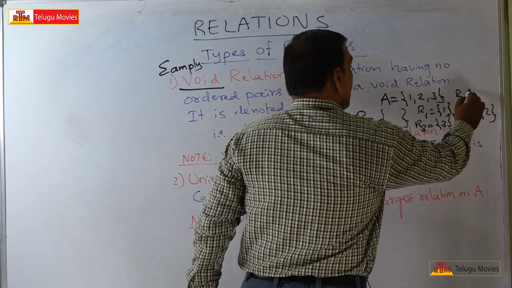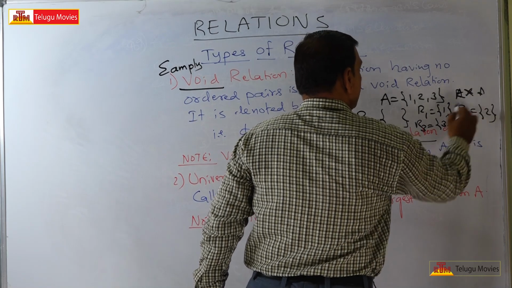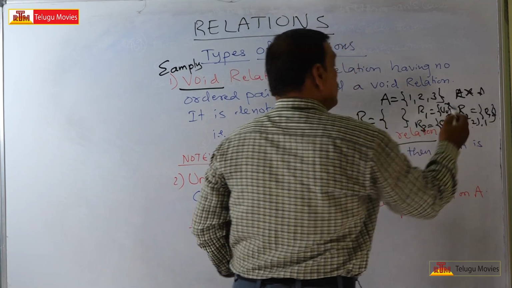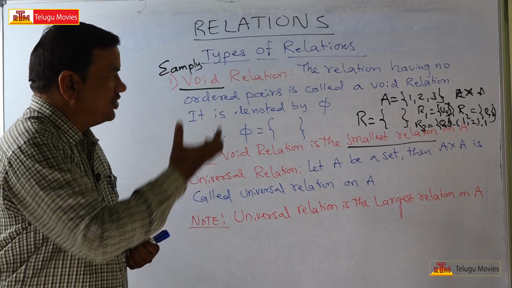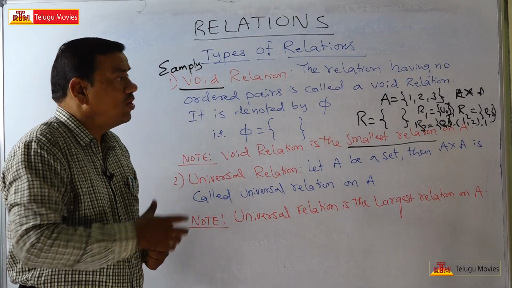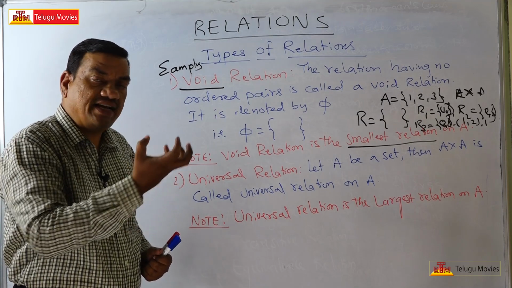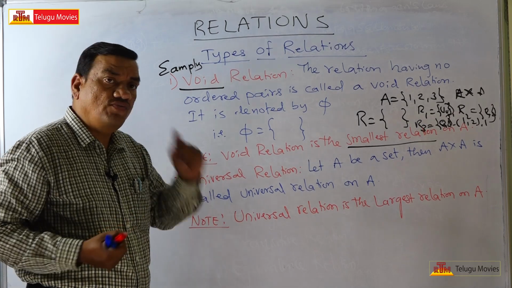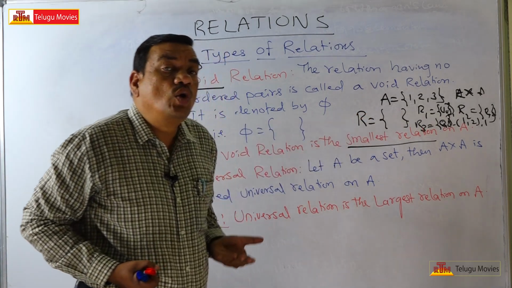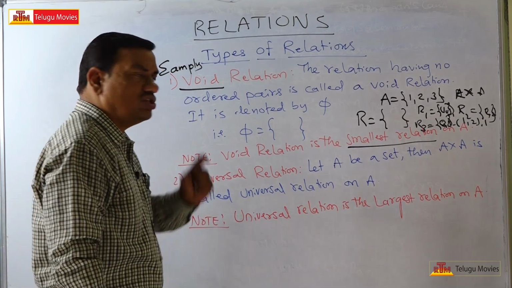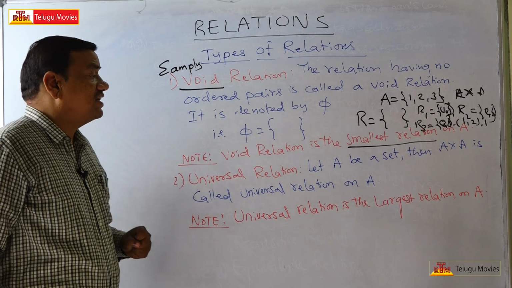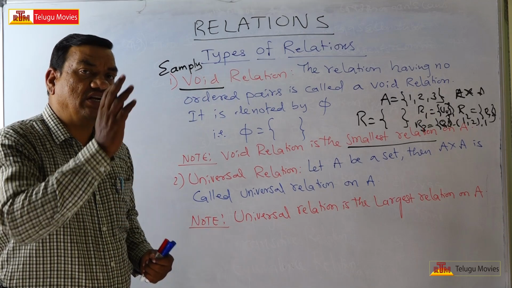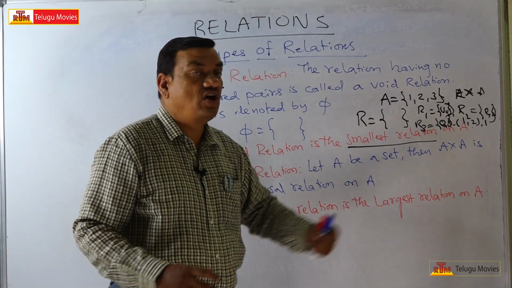On A means A cross A, that is (1,1), (2,2), (3,3), (1,2), (1,3), and so on. From these ordered pairs, a relation containing no elements is called a void relation, which is the smallest one. Coming to the universal relation, let A be a set, then A cross A is called the universal relation, which is the biggest, largest relation on A.